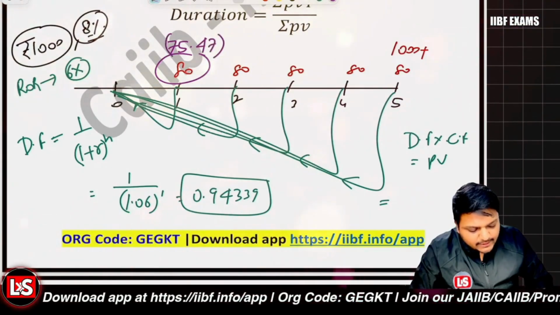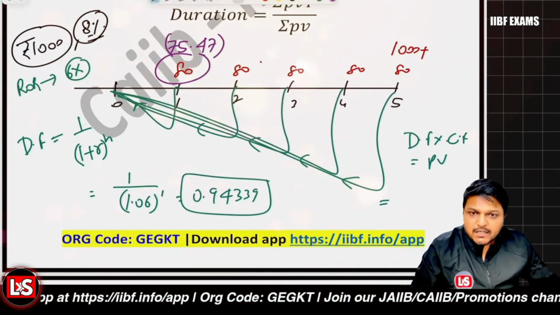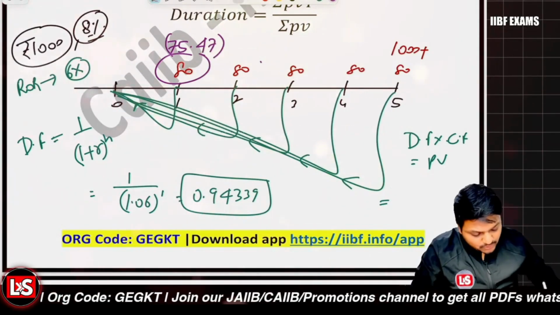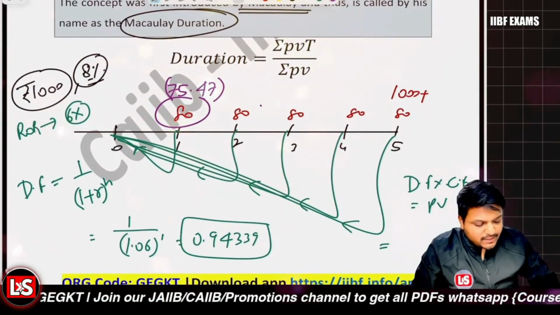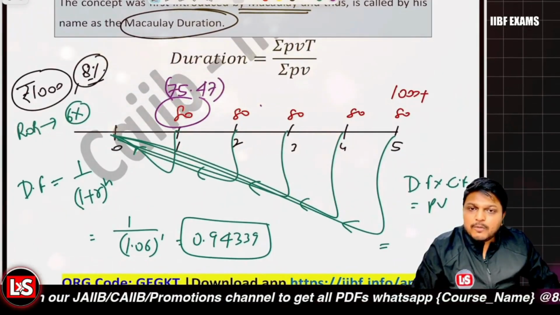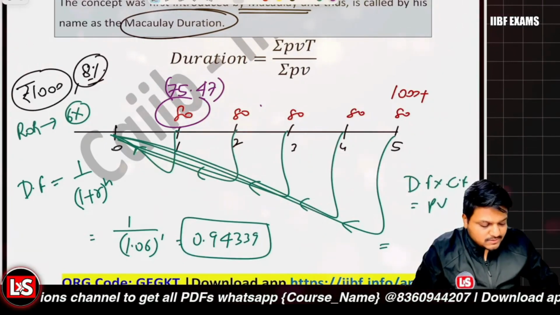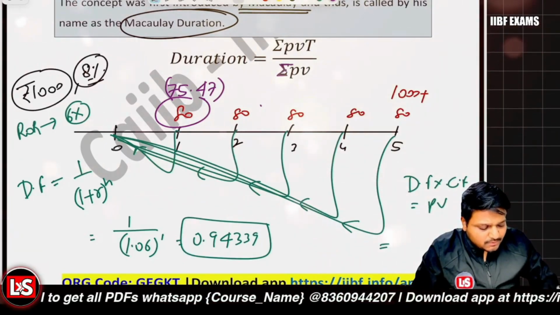Similarly, we can calculate it for multiple years: the second year, third year, fourth year, and fifth year. Then we have to calculate the present value. In this formula, the denominator is basically the sum of all the present values.